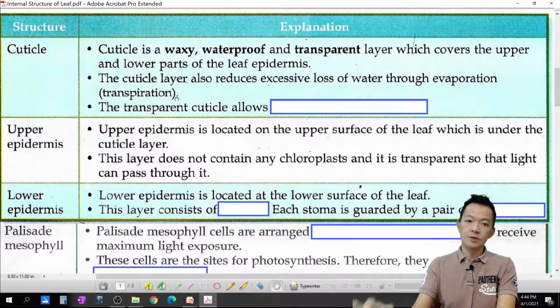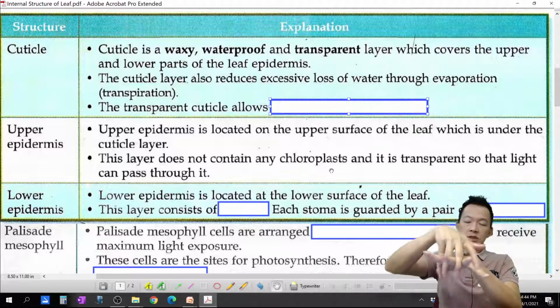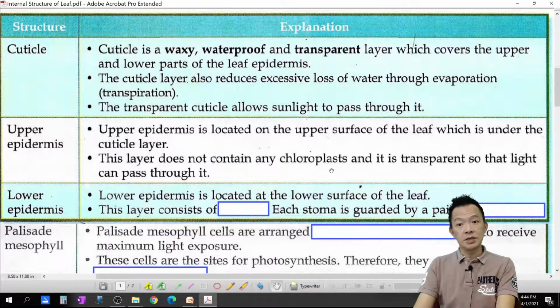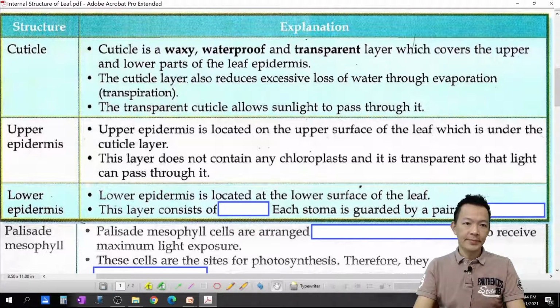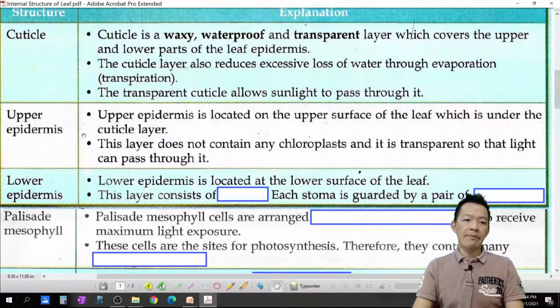And the transparent cuticle allows what? Allows the sunlight to penetrate it, so the plant can absorb the sunlight. Allow the sunlight to pass through. In the exam they ask you what is special about the cuticle and why, for 2 marks: feature and explanation. Upper epidermis. Anything special?